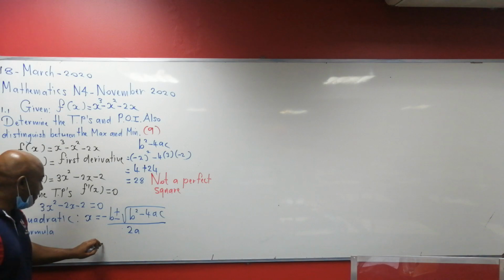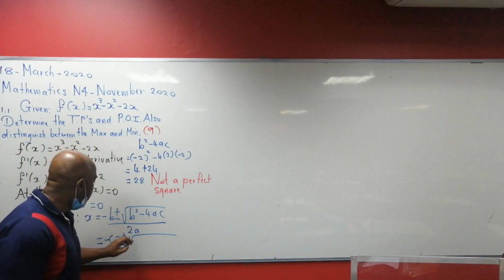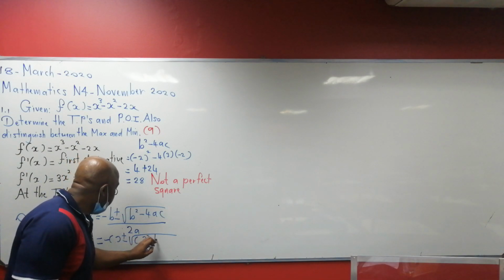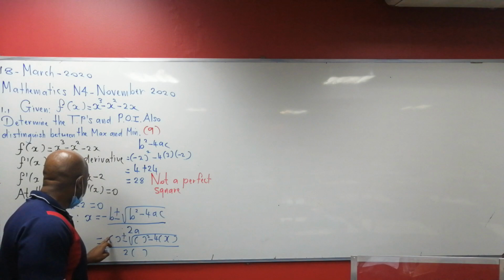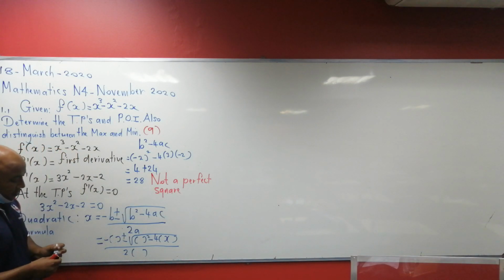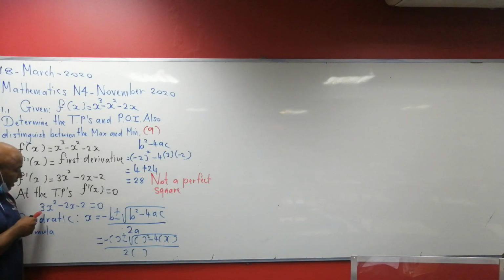Alright, so let's do our substitution. So that's minus b plus or minus the square root of b squared minus 4 times a times c all over 2a. So what is your a, b, and c here? Your a is 3, you can see that.